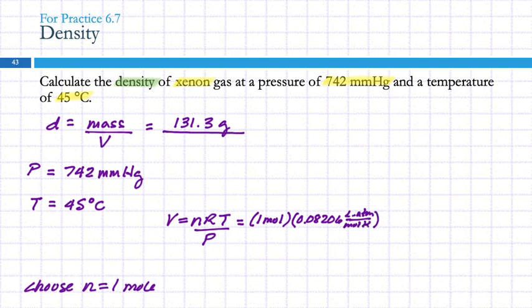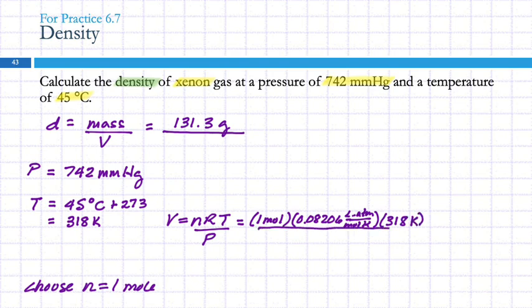And then we need the temperature. Can we use degrees Celsius? No, we can't. We have to convert this. So the temperature in kelvins is 318 Kelvin.